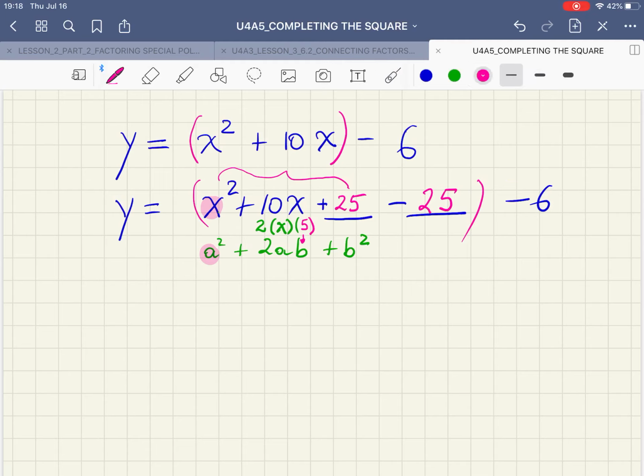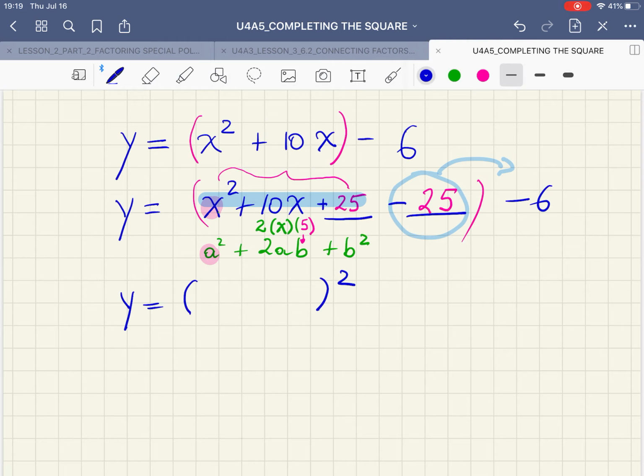Okay, so now y equals, we are going to keep the perfect square trinomial. I always call this the good part of the expression. We're going to keep the good stuff in, and take the rest of the stuff, this one here, out, because we want to write it in factored form.